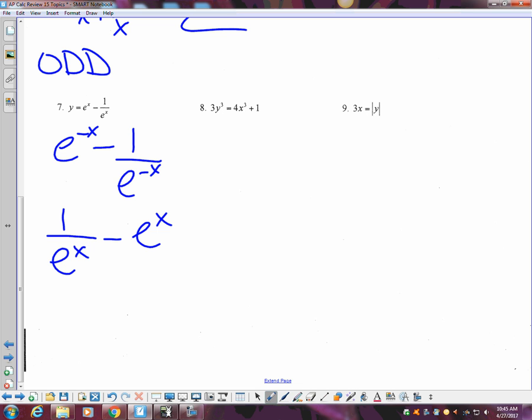Now compare that to the original function. Here's an e to the x, here's my e to the x. Are their signs different? Okay, so it changed. Here's this negative 1 over e to the x. What do I have? I have a positive 1 over e to the x, so he changed. So what are we? They're odd because they both changed.